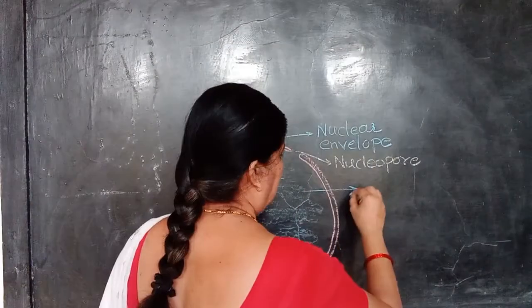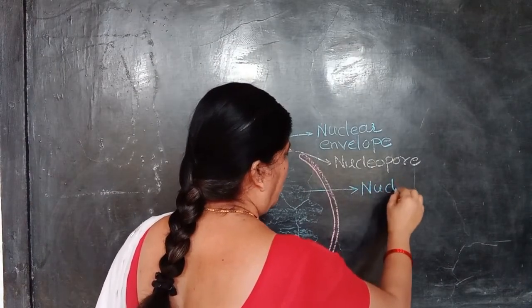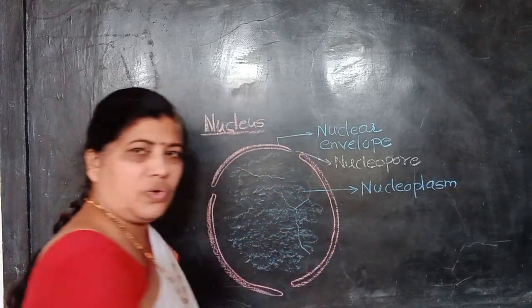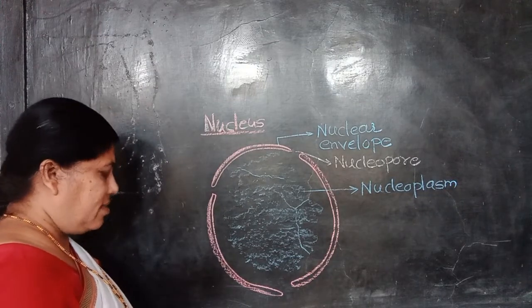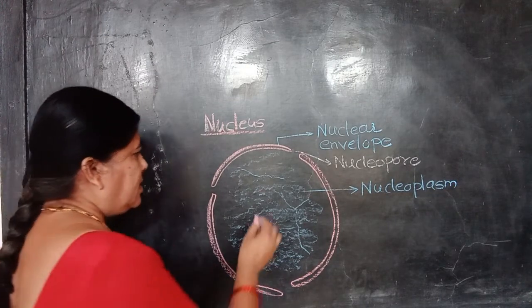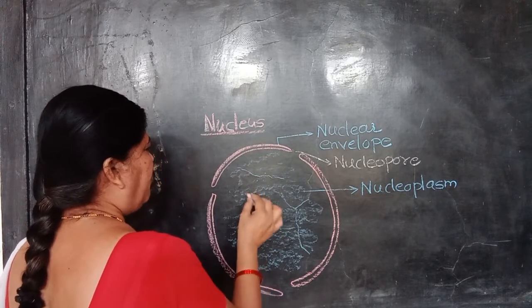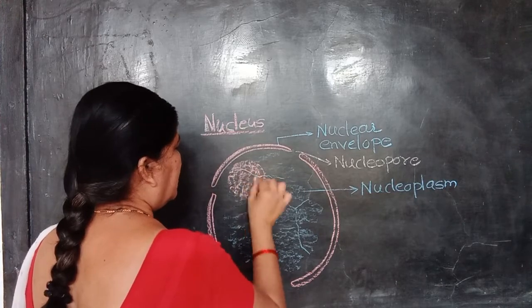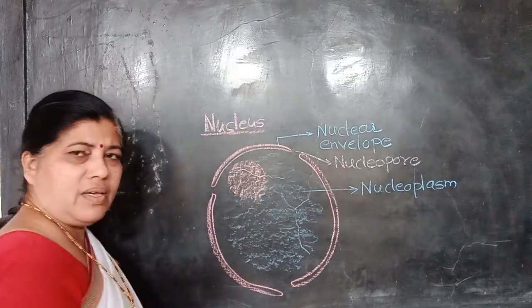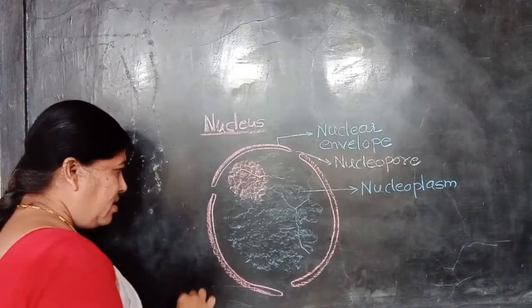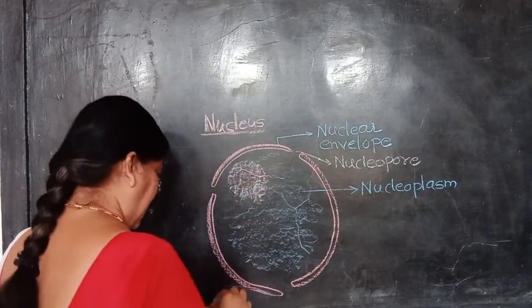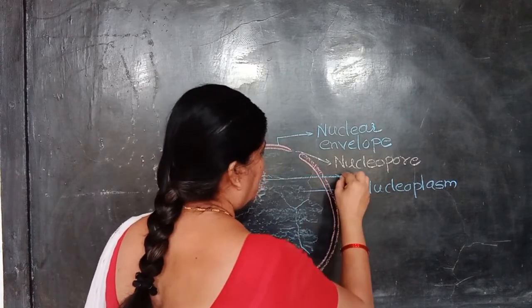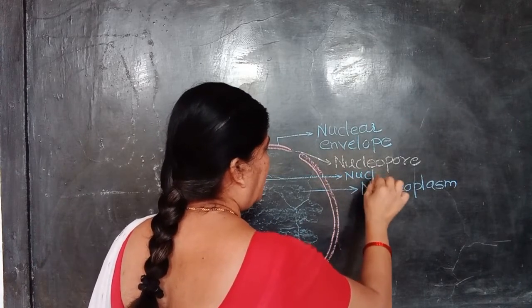And in the nucleoplasm, one dark body is present, and this dark body which is present inside the nucleus is called nucleolus.